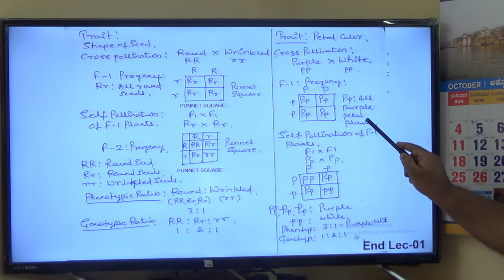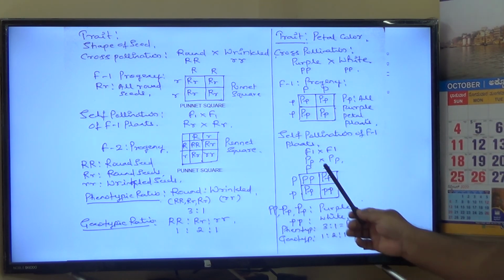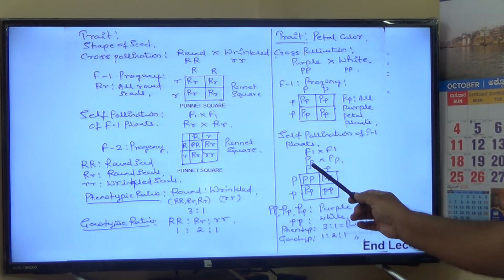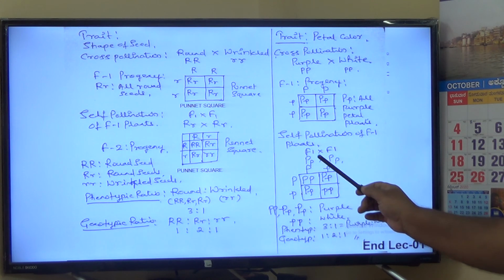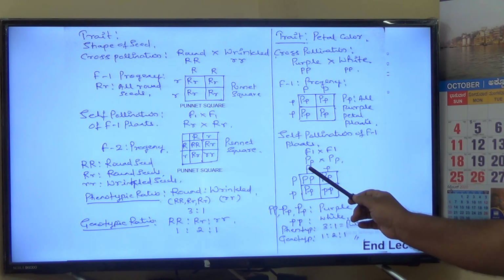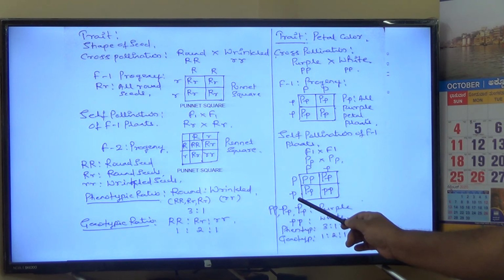All are purple petal plants. Self-pollinate this plant, that means capital P small p cross capital P small p. Gametes contain capital P and small p, here also capital P and small p.